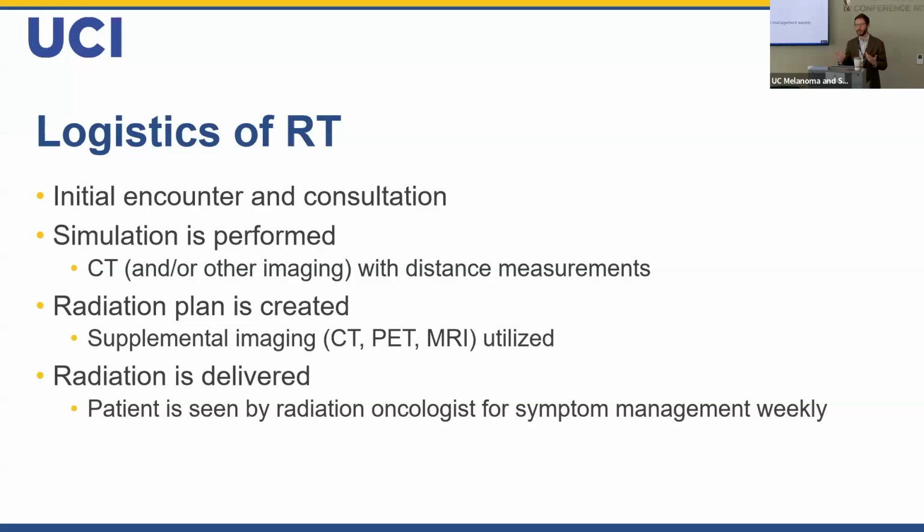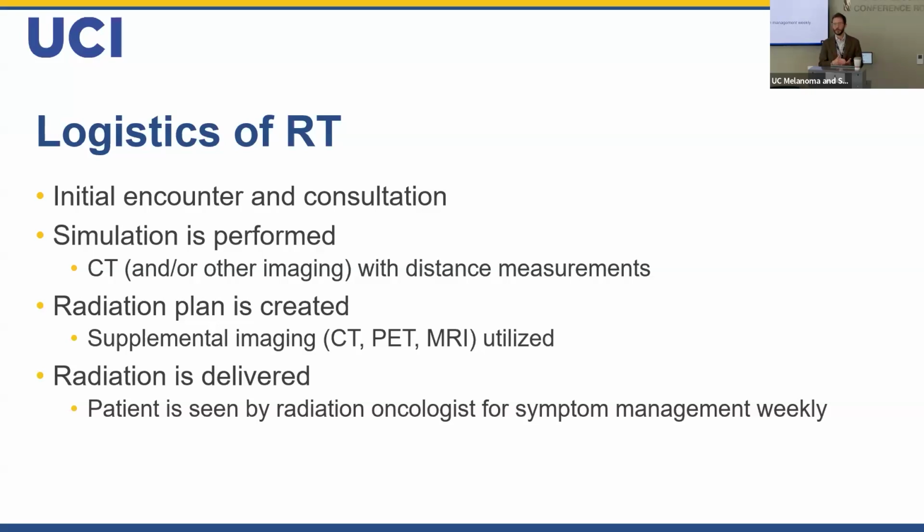We do what's called a simulation, which is also known as a planning session. These simulations typically involve a CT scan that is special for the radiation oncology department, different from those you might otherwise get through a diagnostic radiologist. We use that simulation to create a radiation plan, which can take a number of days, a week, or even 2 weeks before we start radiation delivery.